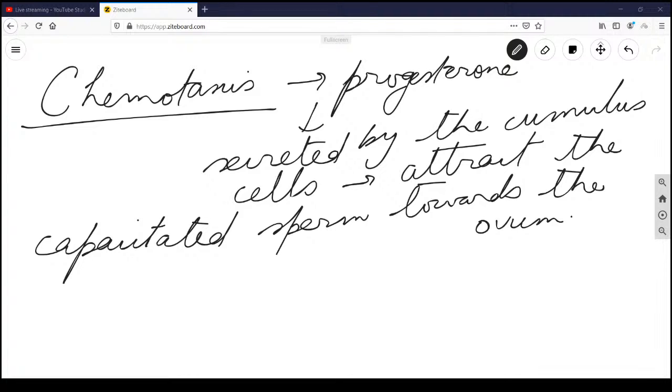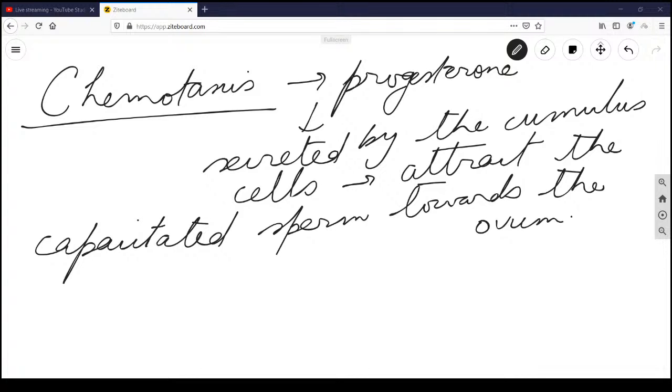So the activation takes place only after the sperm's intracellular pH has increased. Again, intracellular pH will increase how? When HCO3 minus ions start coming in, which can be explained by the phenomenon that capacitation is needed in order for sperm to reach and fertilize the egg.